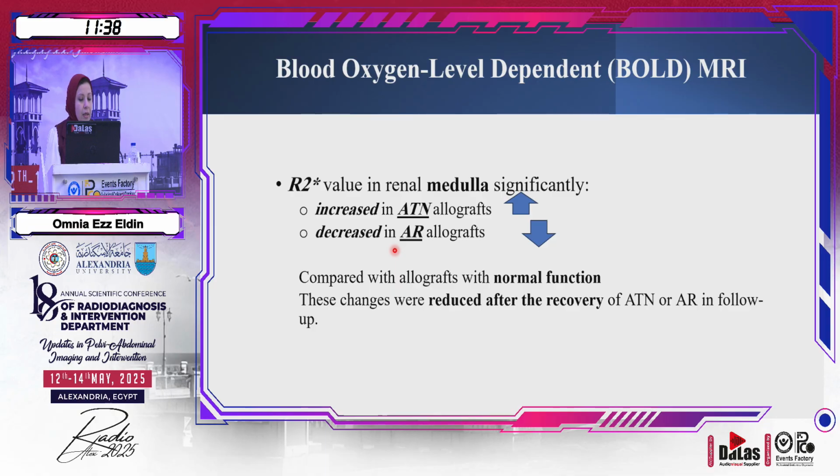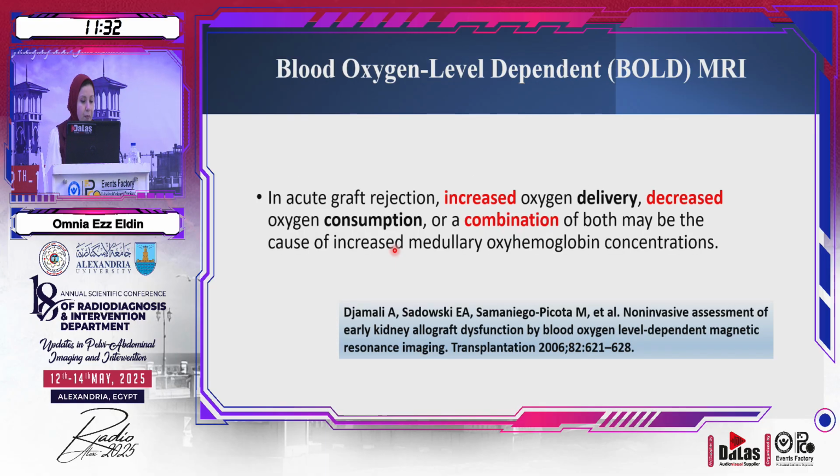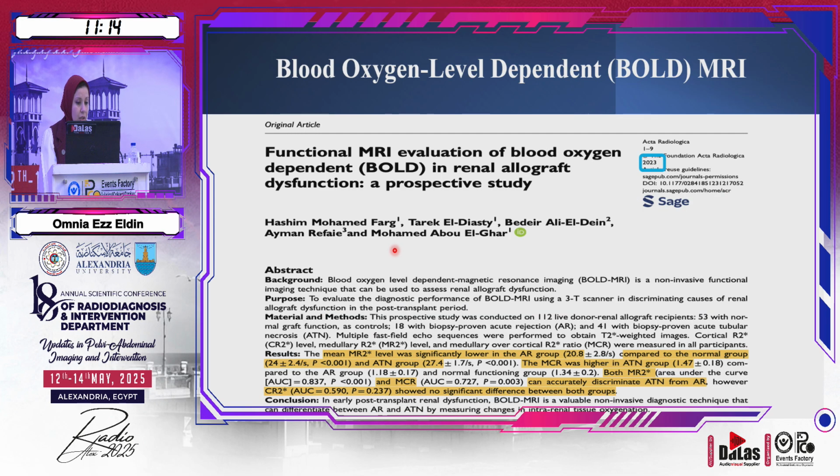These alterations in the R2 star values reverted after recovery. In acute graft rejection, increased oxygen delivery, decreased oxygen consumption, or a combination of both result in high medullary oxygen concentration, and so decreased deoxyhemoglobin and decreased R2 star levels.